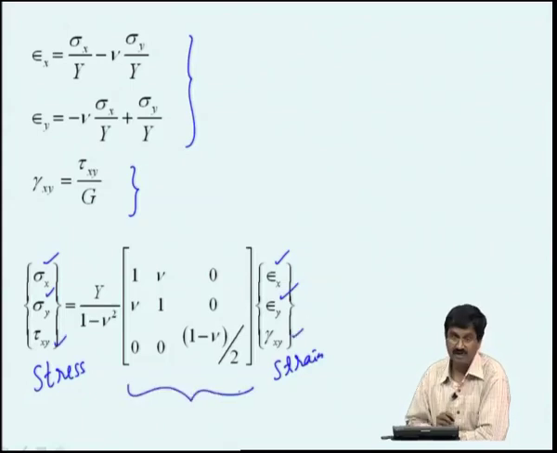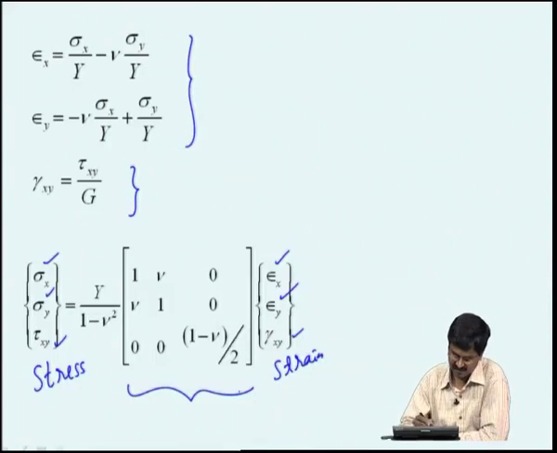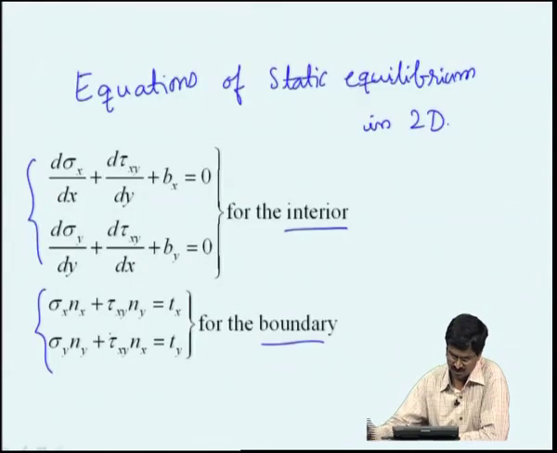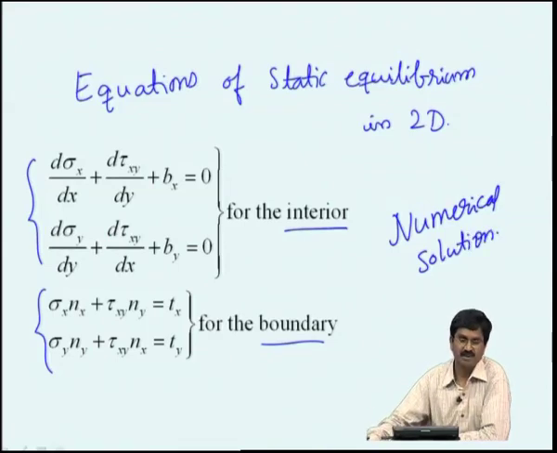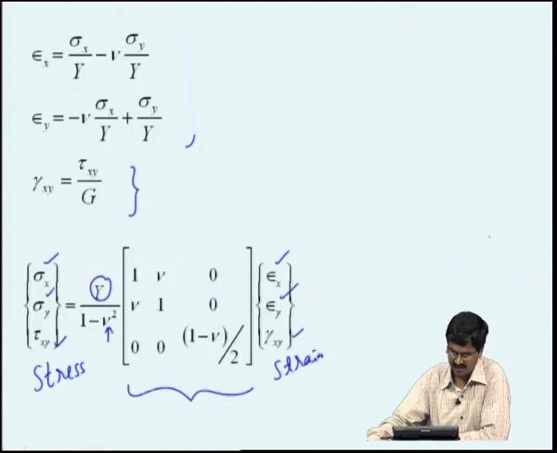This becomes the equivalent of Young's modulus. There is Young's modulus E and Poisson's ratio nu for an isotropic material, and similarly we can do it for 3 dimensions also. But of course, the equations of equilibrium that we just saw over here have to be solved numerically. So, we have to go for numerical solution when the geometry is complex. For that, finite element analysis is absolutely necessary.